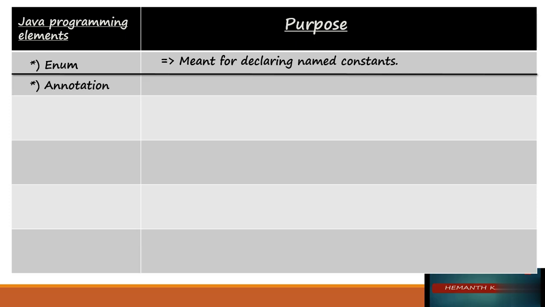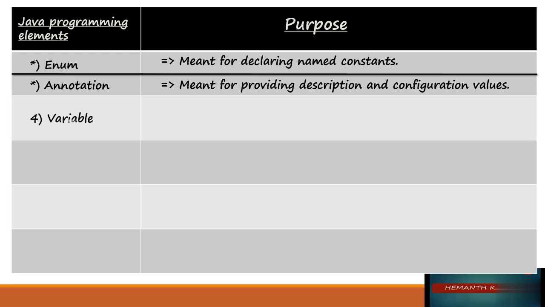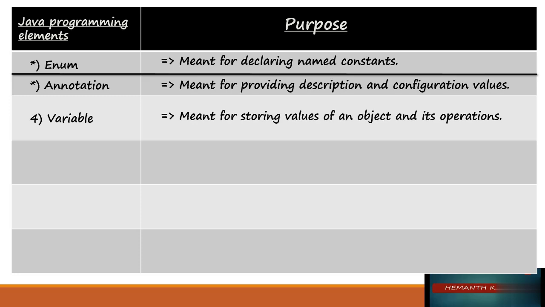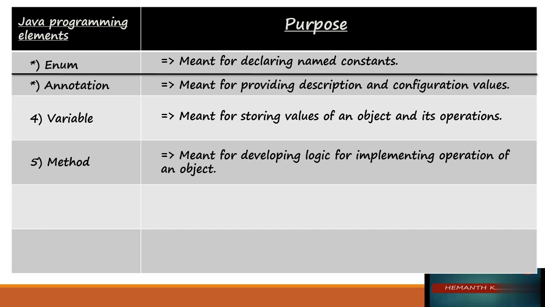And we have annotation. Annotation is meant for providing description and configuration values. And we have variable, meant for storing values of an object and its operations. And we have method, meant for developing logic for implementing an operation of an object.